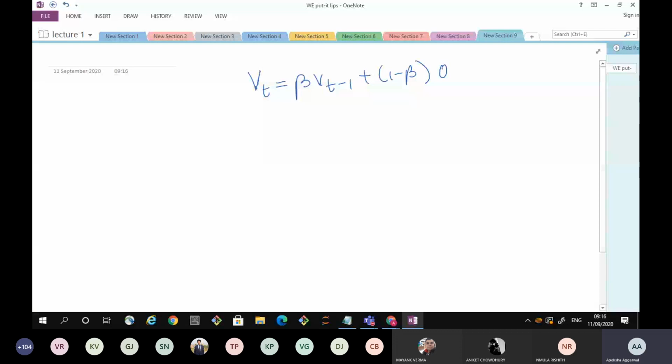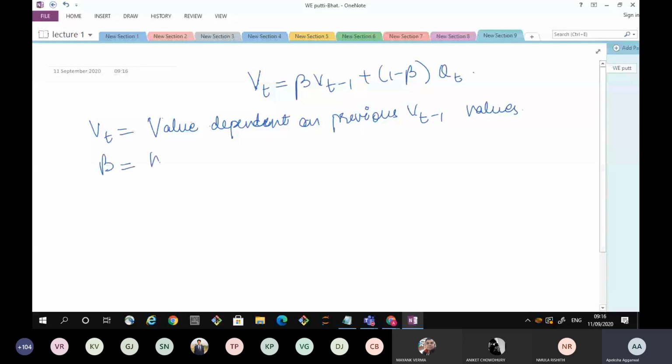So Vt is a value that is dependent on previous Vt minus 1 values. And beta is the hyperparameter deciding the weights.